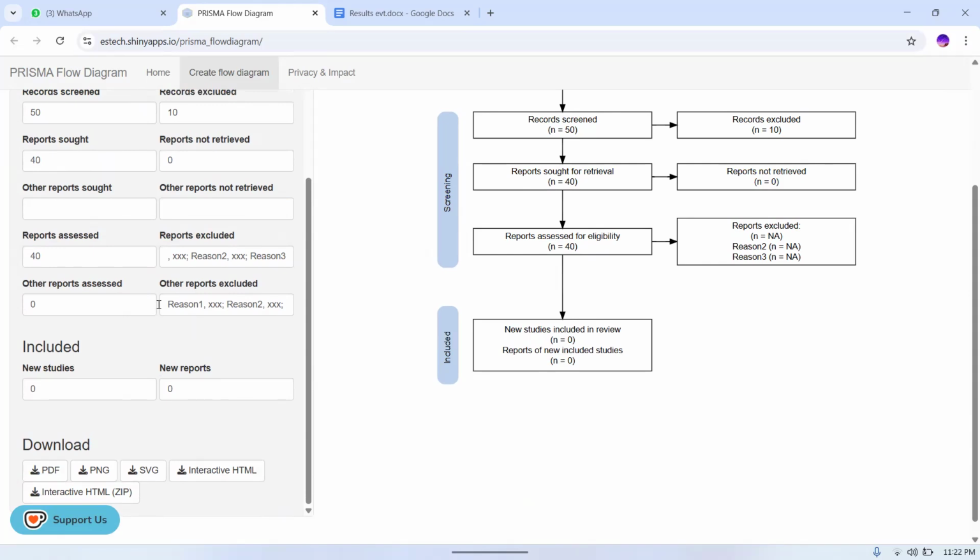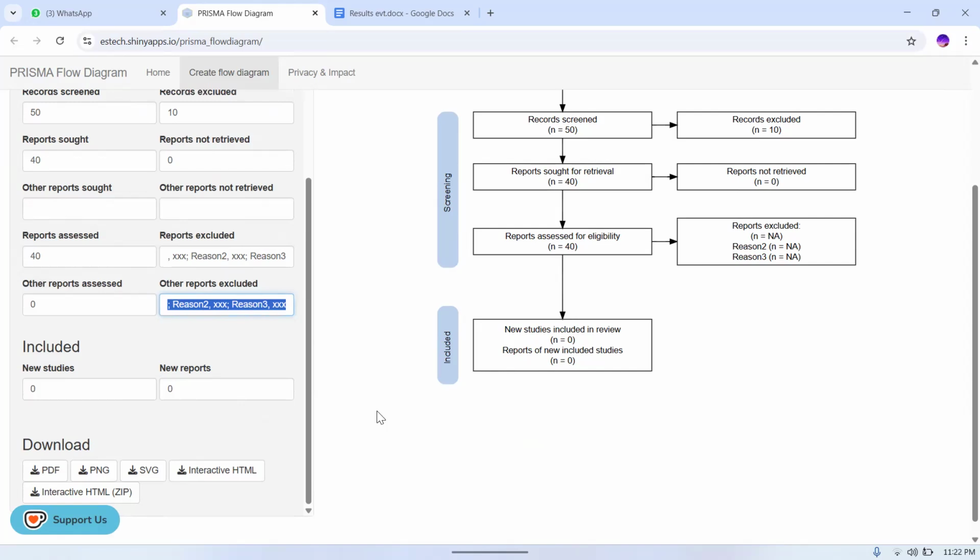So what I would do, let's say these reasons you would write from your side. Let's say I write my first reason as wrong patient population. Let's say how many articles are excluded because of this wrong patient population. Let's say 15. Sorry.